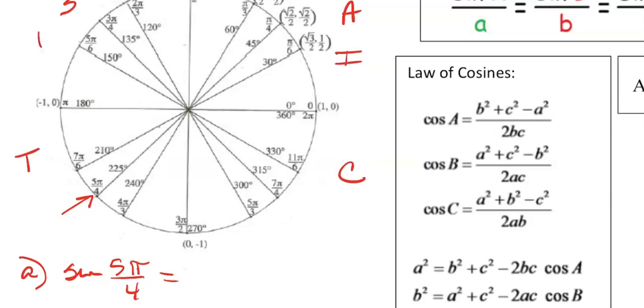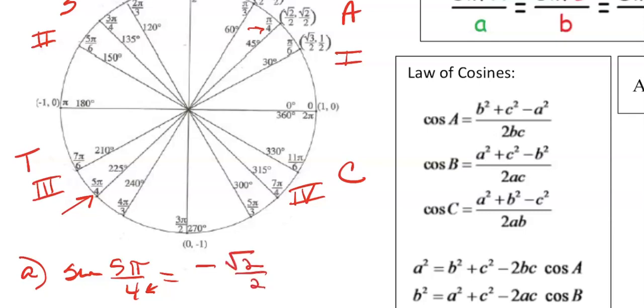So this is first, second, third, and fourth. I know in this third quadrant, sine is going to be negative. Write down your negative first. Then match up the denominator to find your reference angle, and use the sine, because sine is the second pair, and you're going to get negative root 2 over 2.